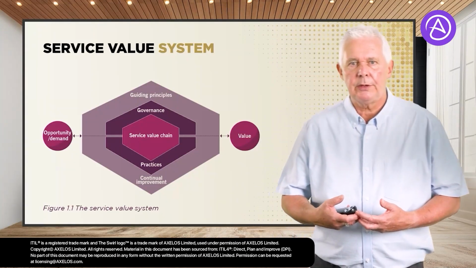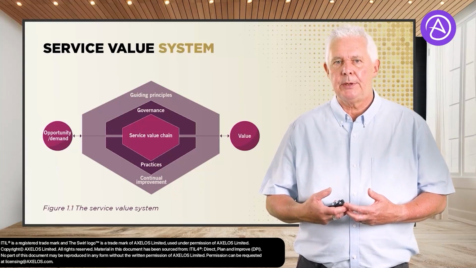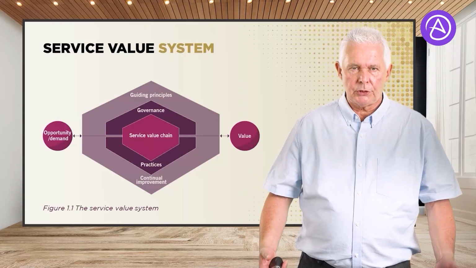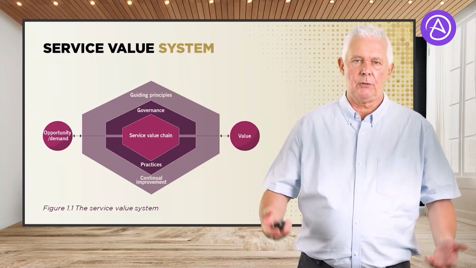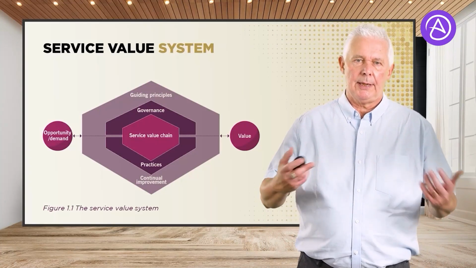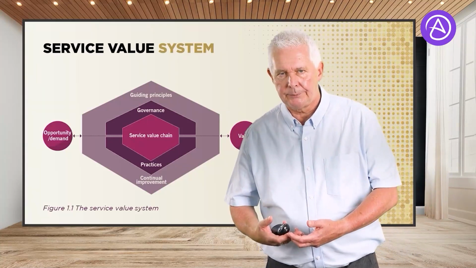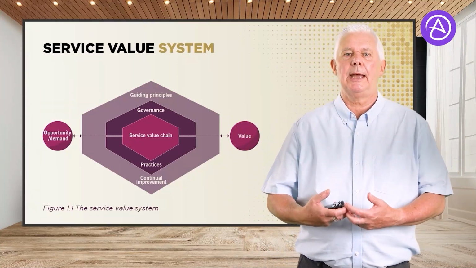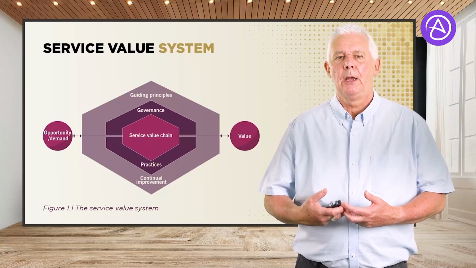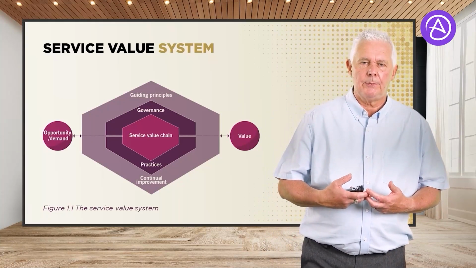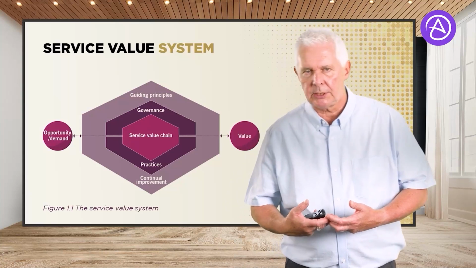So let's look at the components at a high level. We've already covered guiding principles. Guiding principles, as we've said, give people a suggested approach we should consider whenever looking to create something new, change something that exists, or maybe even when we're looking to decommission or retire. Governance is about direction. It's about providing direction for the organisation.